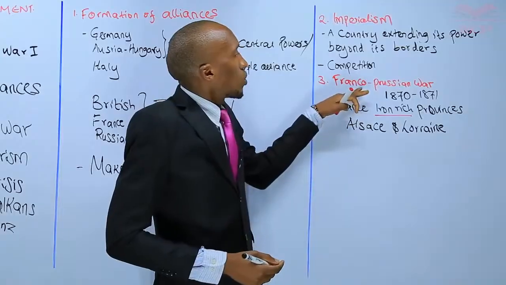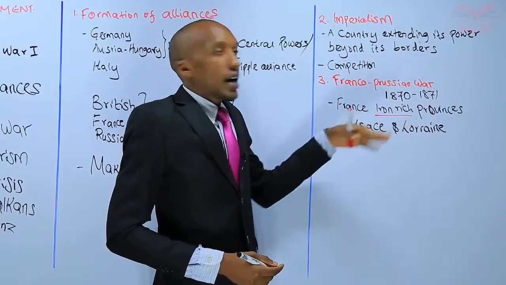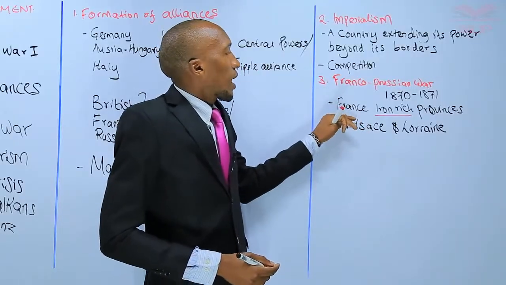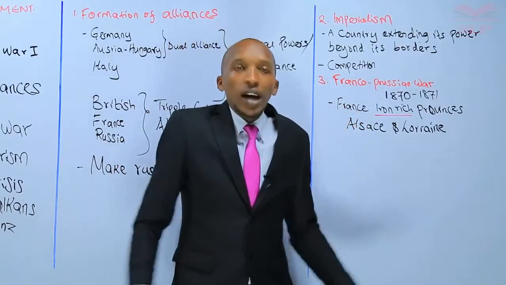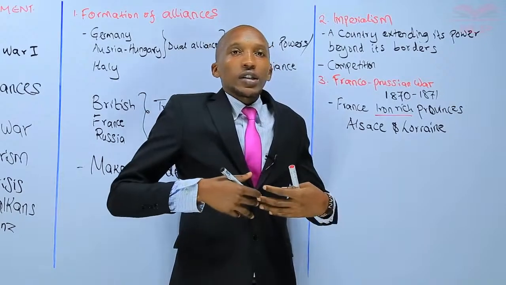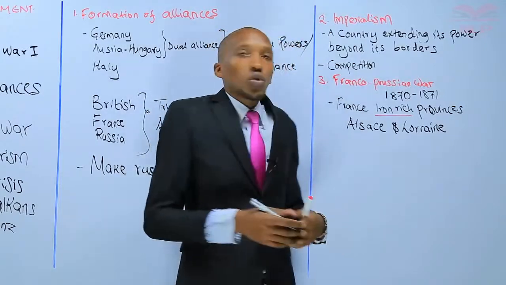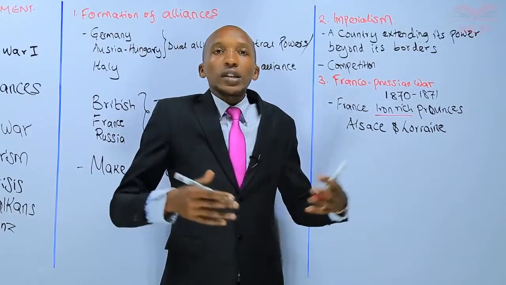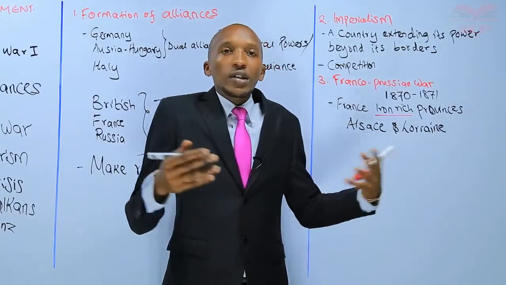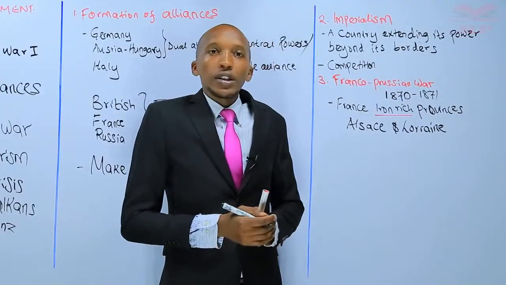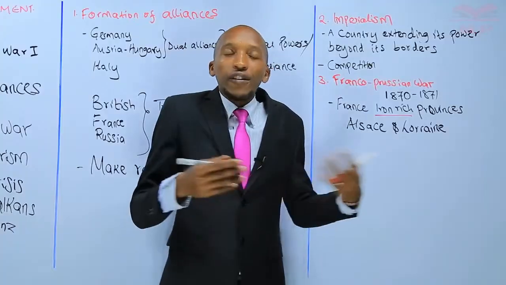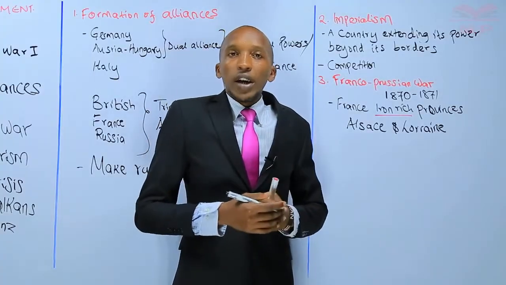So that is how the Franco-Prussian War encouraged the World War. Because once France had been defeated, it encouraged them to go and find partners whom they could partner with, so that in case there is a problem, France could have a friend who could be able to encourage them.